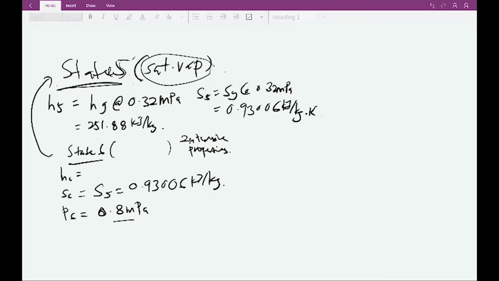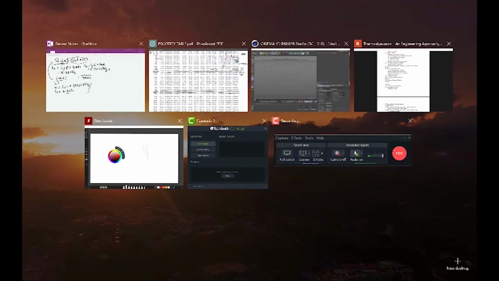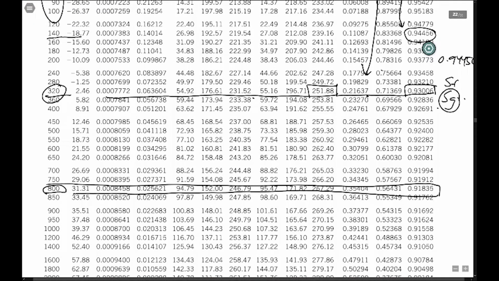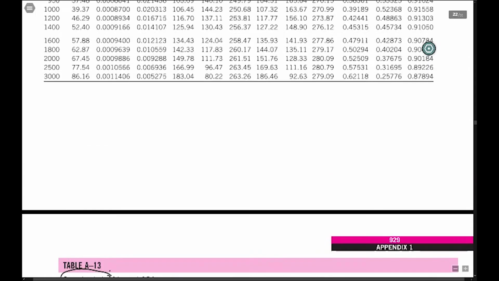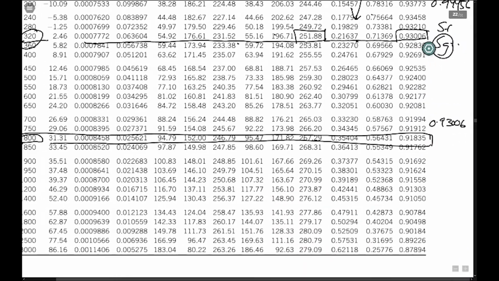Hopefully you can understand my handwriting. Right, so we compare these 2 properties in your property tables, S6 and P6, 0.8 megapascal, and the S value, which is 0.93006. It was found that our entropy is higher than Sg.